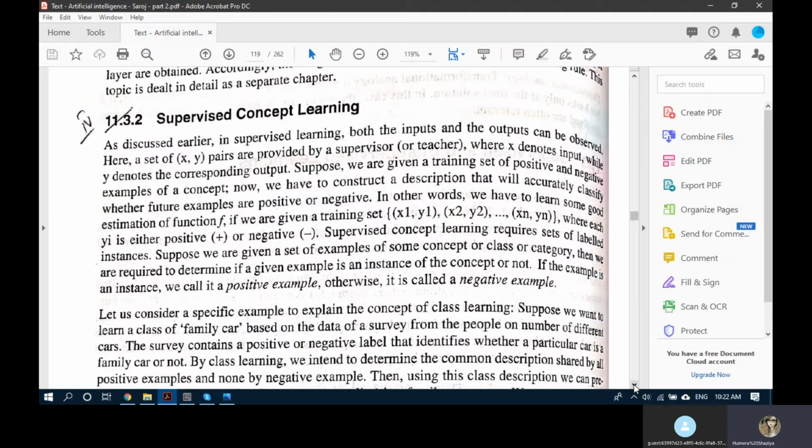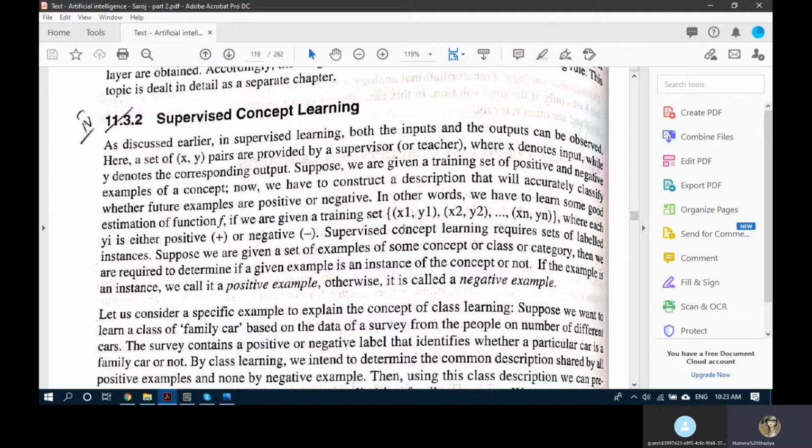The machine trains itself, and when it gets the output of the first instance, first student, it compares the generated output with the actual output, whether that student, suppose a student has passed. So if our model has resulted in pass, both are matching, it goes to the next instance, second student's data. Likewise, it does that for the whole set of data elements or instances present in the data set.